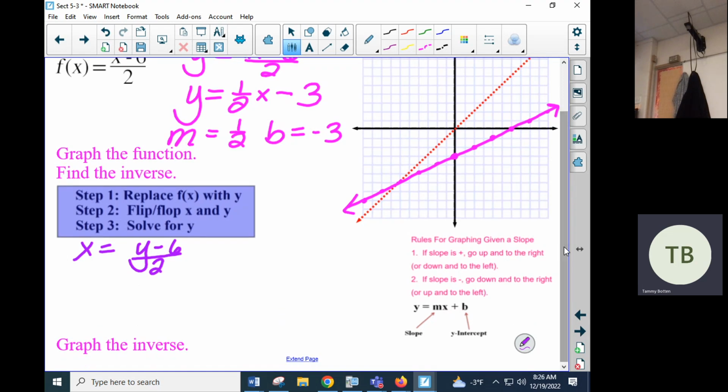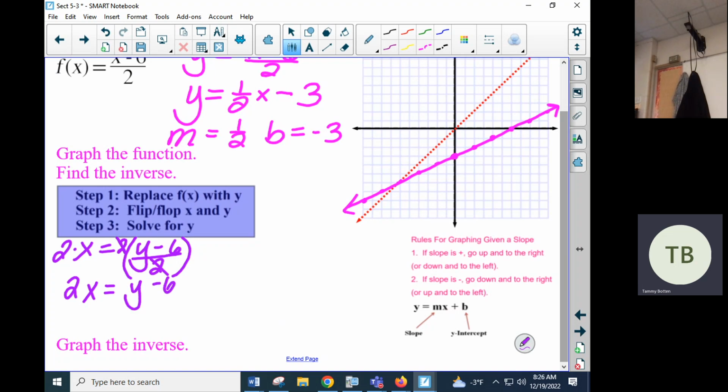Now I could separate that into 2 separate parts, but an easy way to get rid of that 2 on the bottom would be to just multiply both sides by 2. What happens there then is this 2 and that 2 cancel. And then on the left, I would have 2x. On the right, I would have y minus 6.